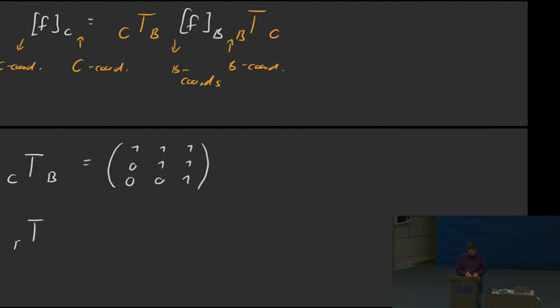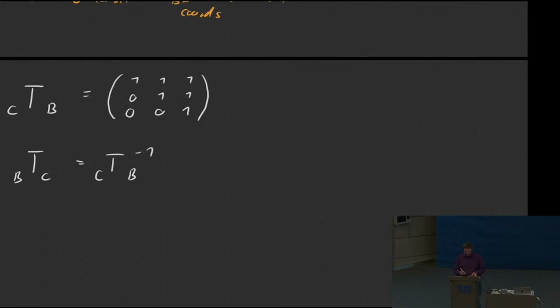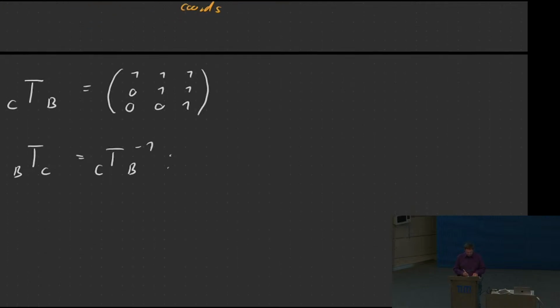And then we also need the other way around, the transformation from C to B. And that's the inverse of that first matrix. So our next task is to invert, and we do that in the usual way.